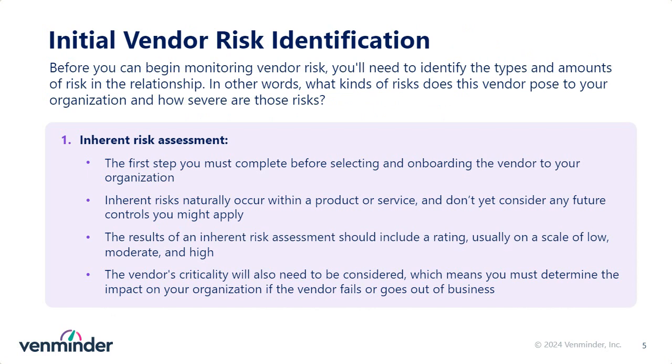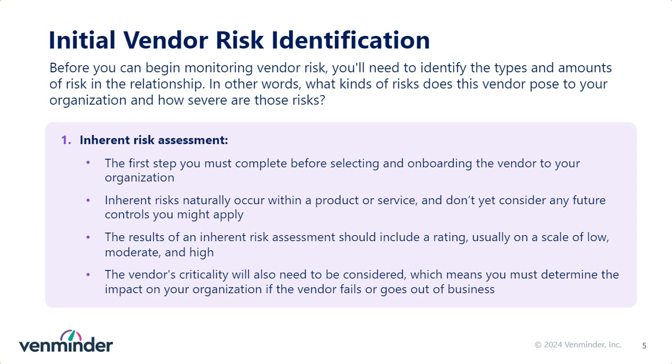So before you can begin monitoring vendor risk, you'll need to identify the types and amounts of risk in the relationship. In other words, what kinds of risks does this vendor pose to your organization and how severe are those risks? The first step in identifying these should occur before you even select and onboard a vendor. Inherent risks naturally occur within a product or service.